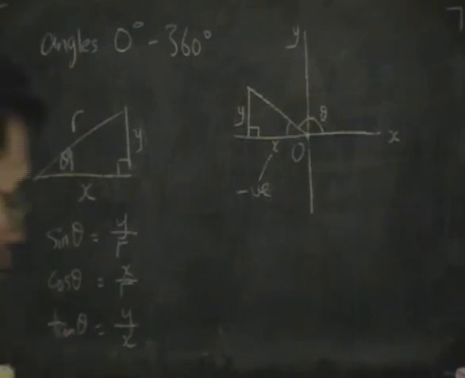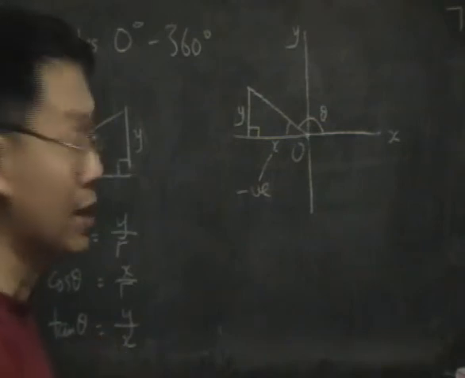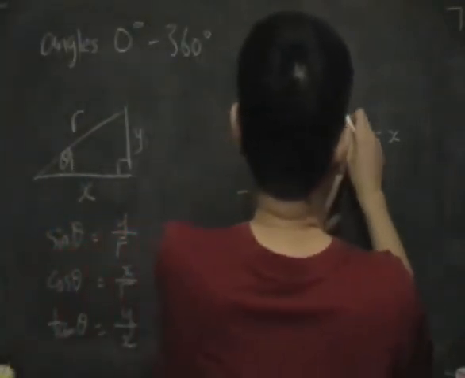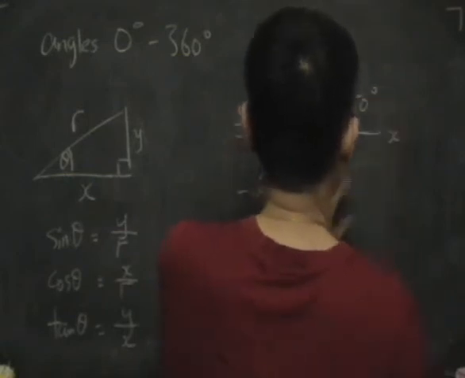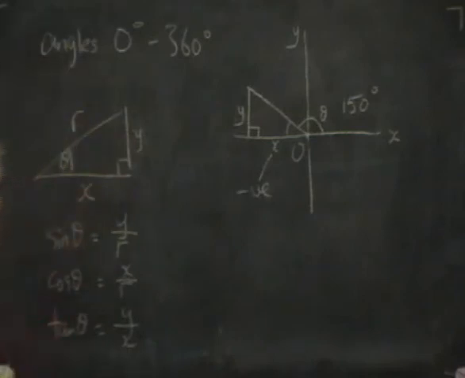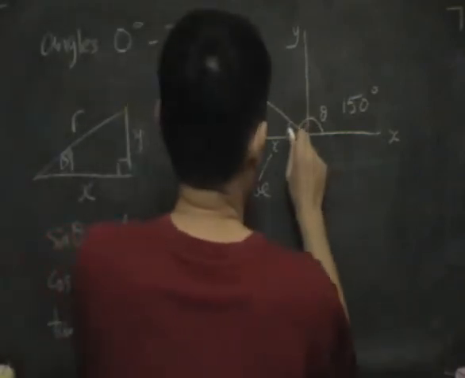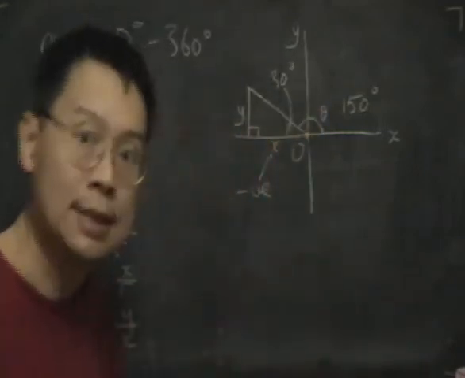So just as an example, let us think of an angle. Suppose that this is 150 degrees. Alright, now then we can find that this angle is 30 degrees.